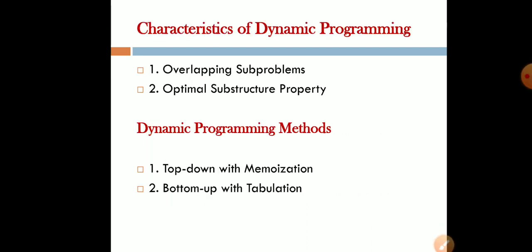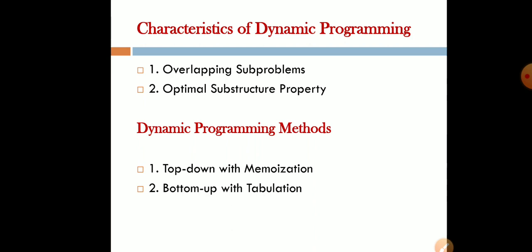Now let's talk about the characteristics of dynamic programming. Dynamic programming has two characteristics. First is overlapping subproblems and second is the optimal substructure property. Now what is meant by overlapping subproblems? Subproblems are smaller versions of the original problem.